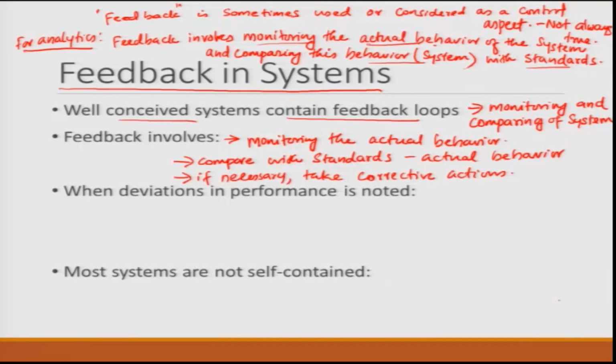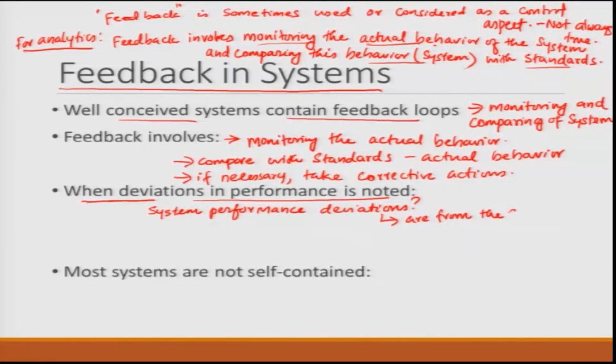Then what happens when you find deviations in the system performance? Obviously, these deviations are from the standards, or the expected performance of the system. What do we do?